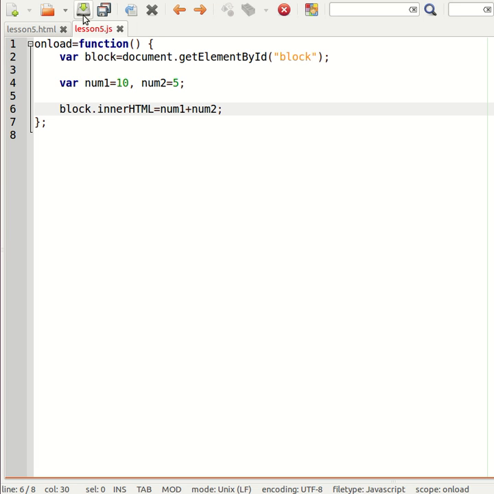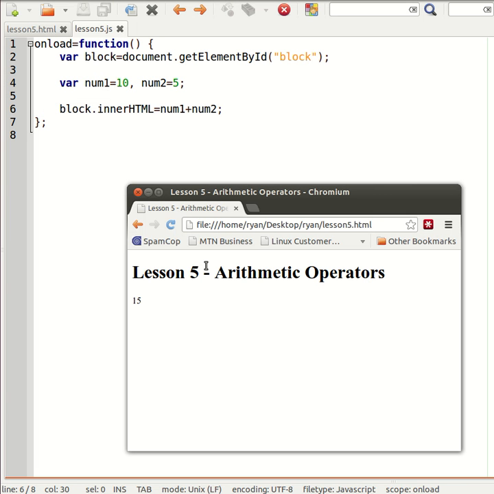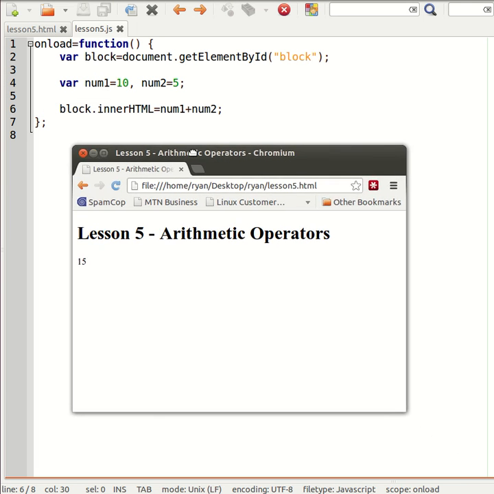num1 plus num2. So we've already used the plus in previous exercises, where we took two strings and concatenated them together. In this case, however, we're actually taking two numbers and performing a mathematical calculation on them by adding the one number to the other number. So 10 plus 5 is 15.